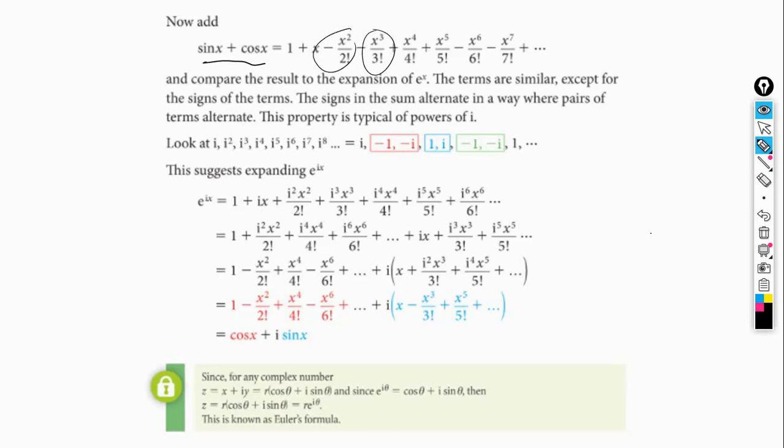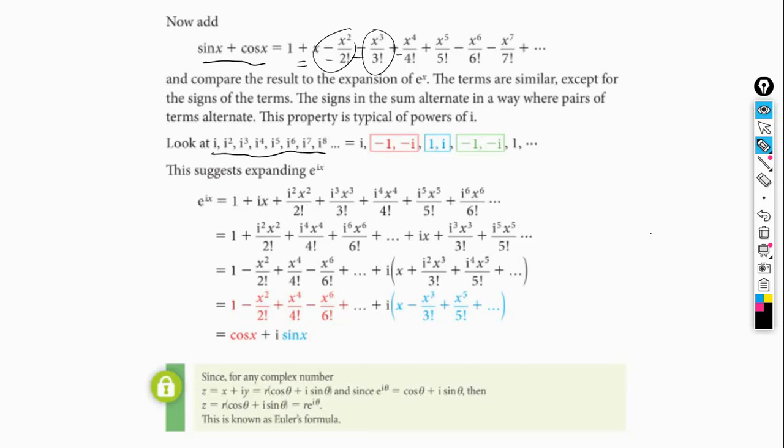But there's a problem, and that is that you have alternating signs here still, whereas e to the x did not have alternating signs. But that can be solved using i, because i follows a very interesting sequence.